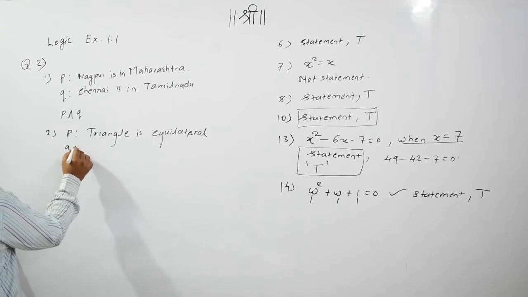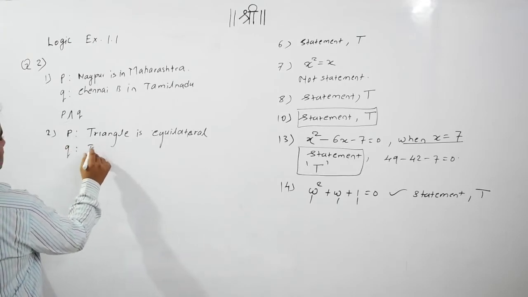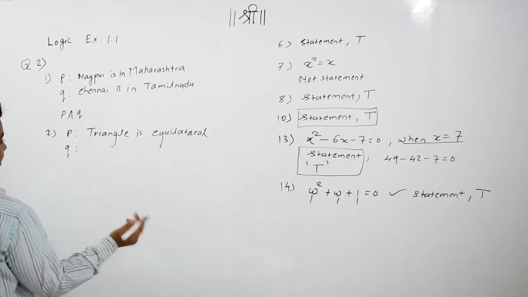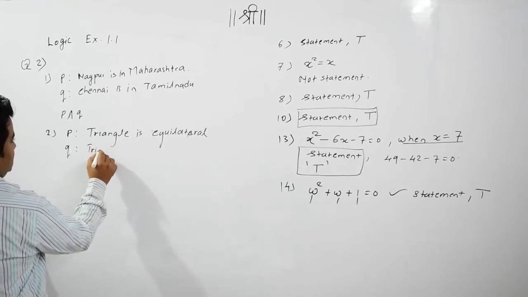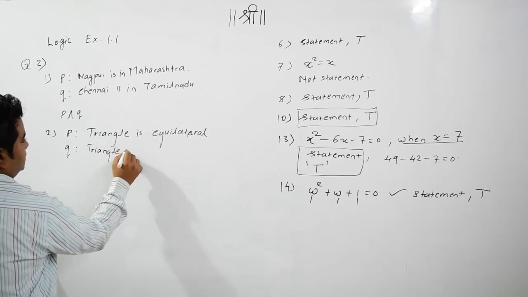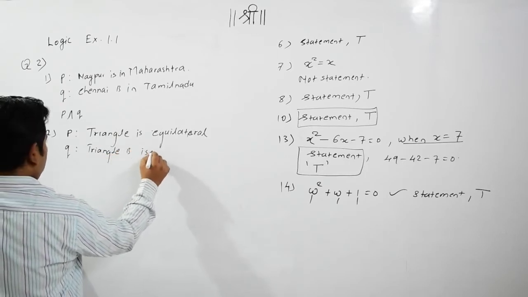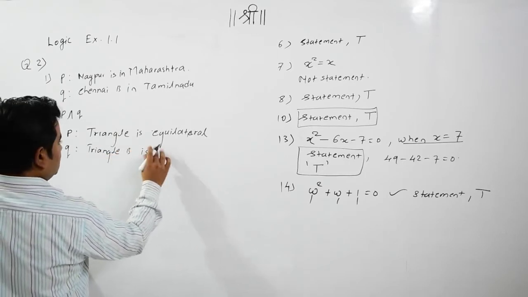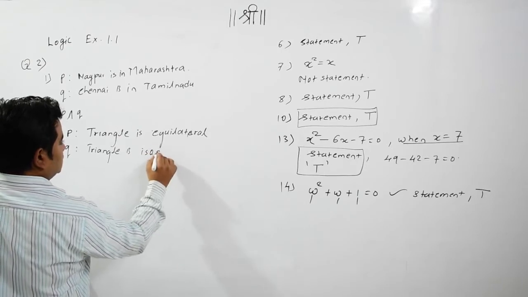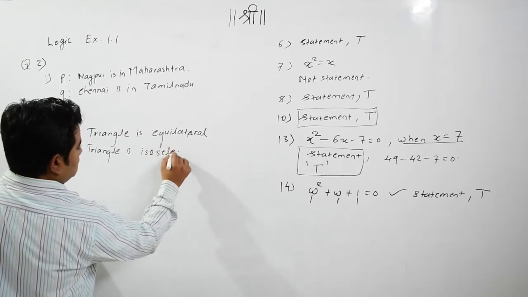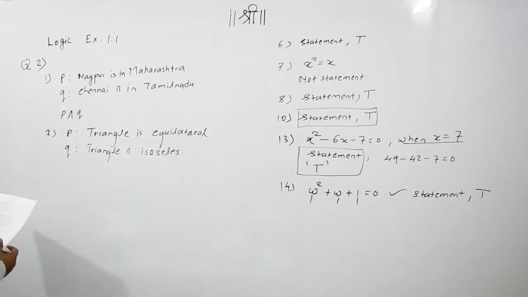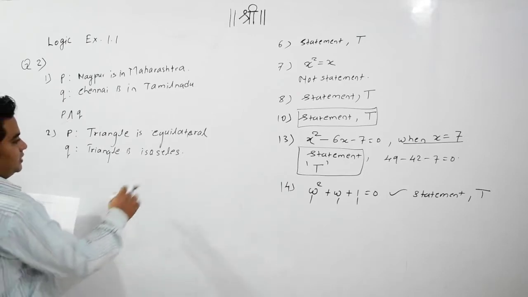And Q is: the triangle is isosceles. I need to be careful regarding the spelling.